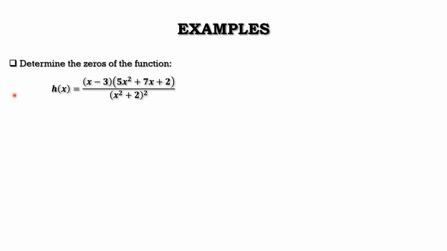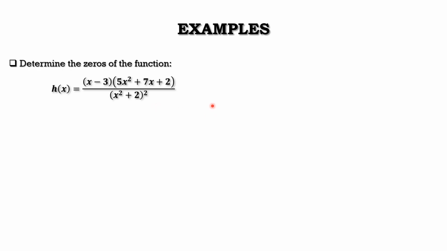We now proceed to the next example, and we are supposed to determine the zeros of the function h of x, which is equal to x minus 3 in one bracket and 5x squared plus 7x plus 2 in another bracket, all divided by x squared plus 2, all squared.